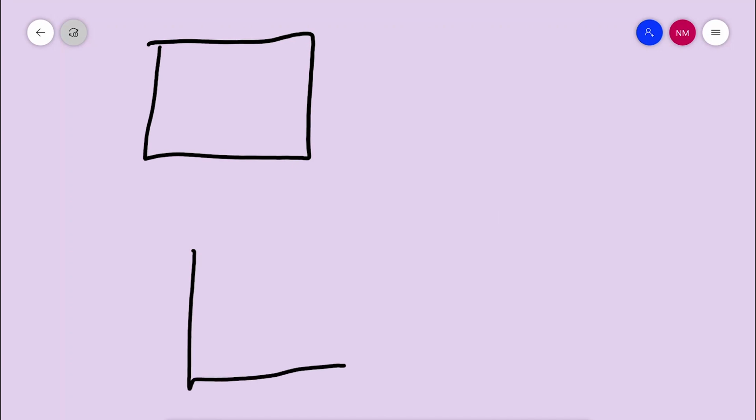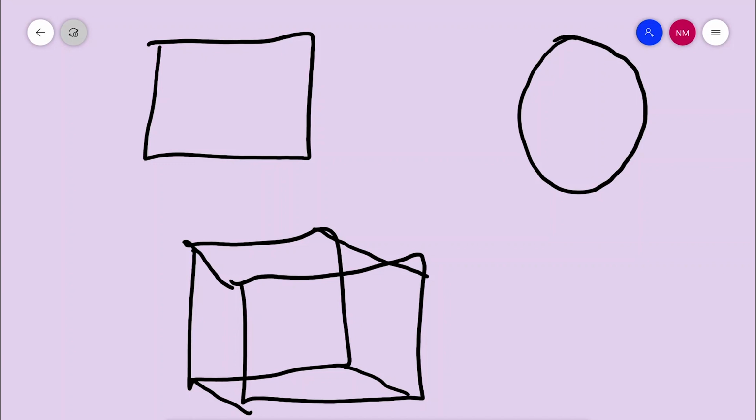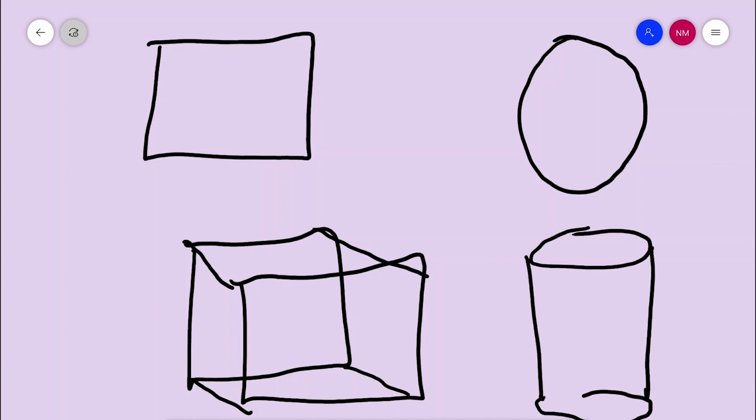And now, remember those 2D shapes I was talking about before? Well, the next step in that, of course, is 3 dimensions. So we start with squares, and eventually the 3-dimensional version of that is cubes. We have circles, and the 3-dimensional version of that is cylinders. For 2-dimensional shapes, we have to find the area, but for 3-dimensional shapes, we find the volume.